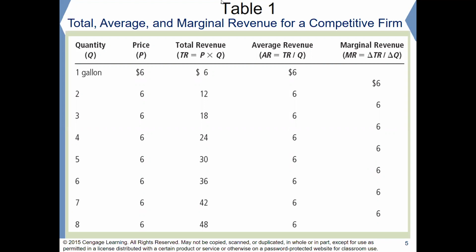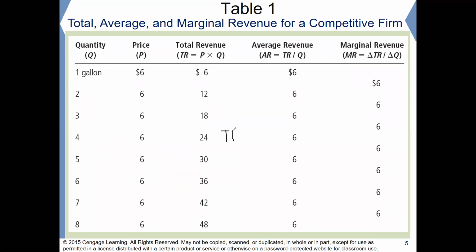Profit is maximized when the marginal revenue is equal to price and is equal to average revenue. So this is when the profit is maximized.